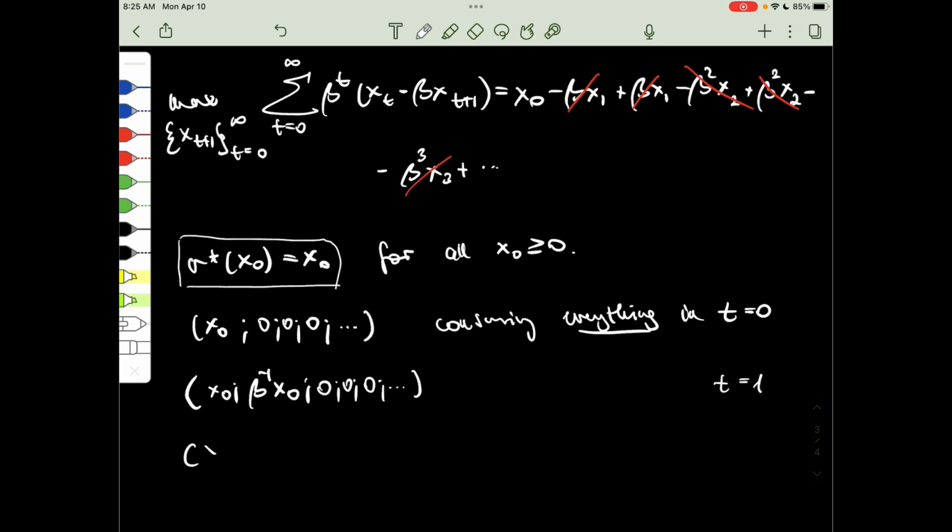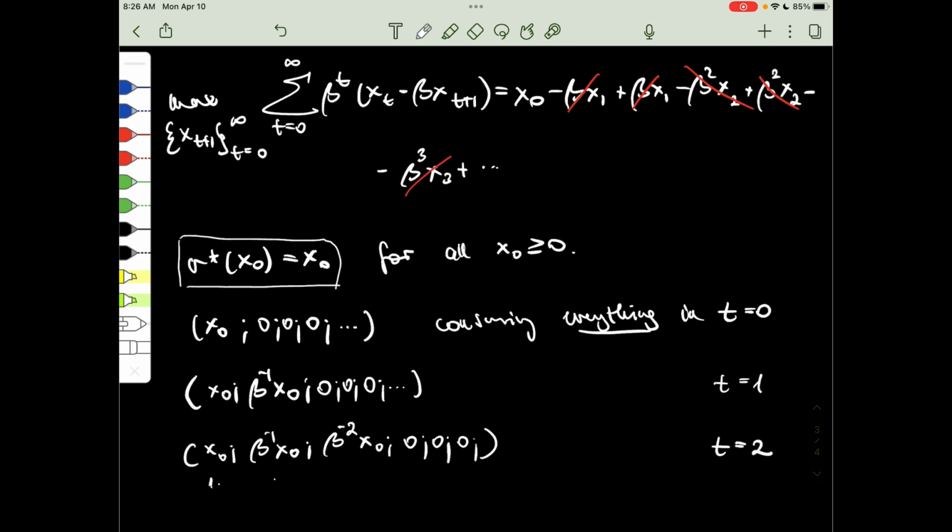Or a third option, period T consumption.